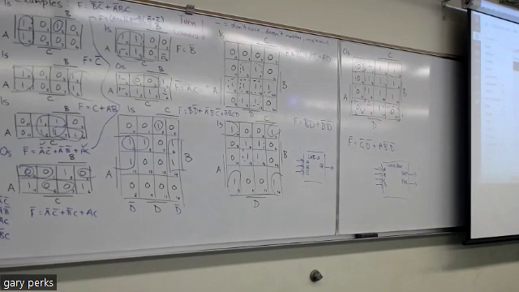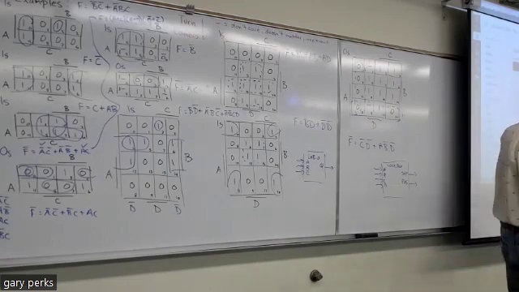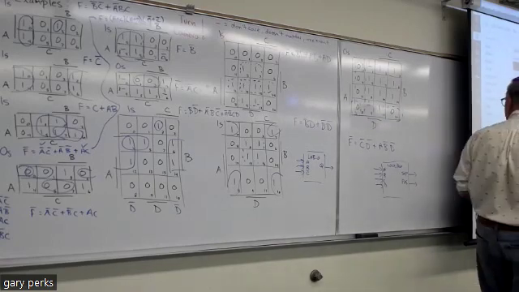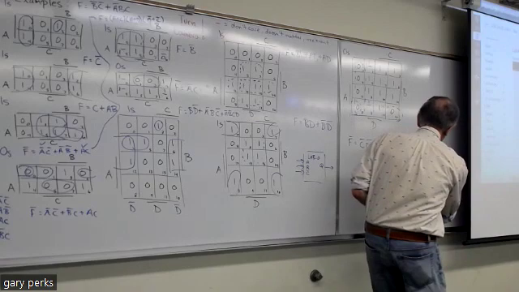Next week, or the next time we have lecture, we're going to go over two other forms of logic circuits, NAND-NAND and NOR-NOR. Once you know about NOR-NOR, you're going to add a third output.